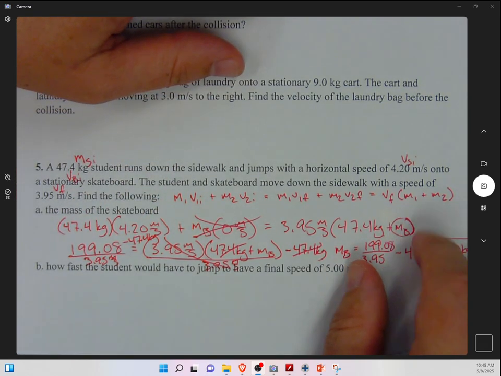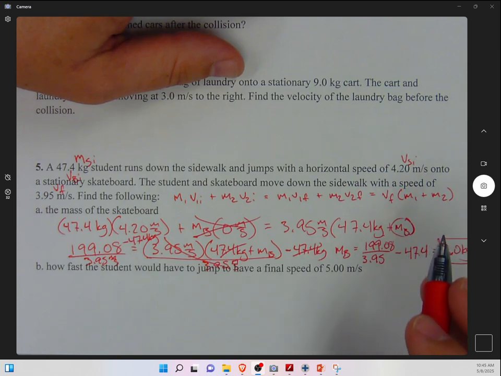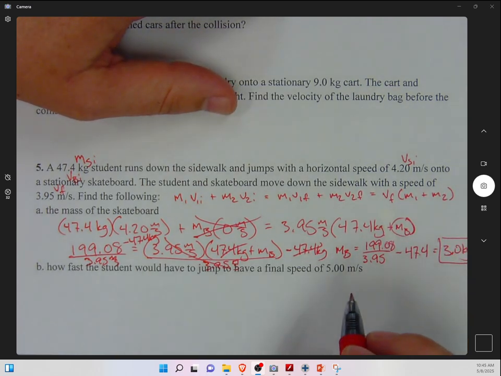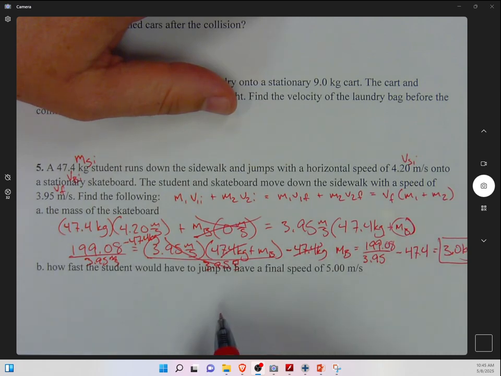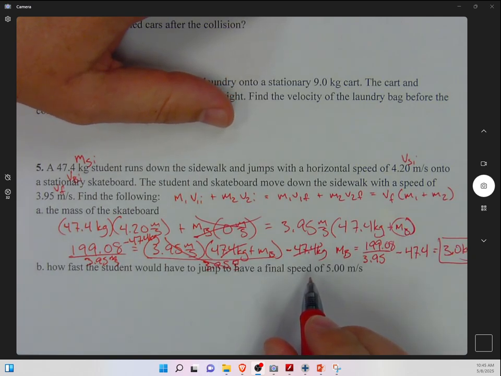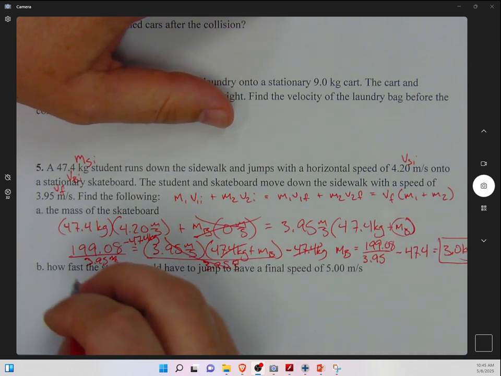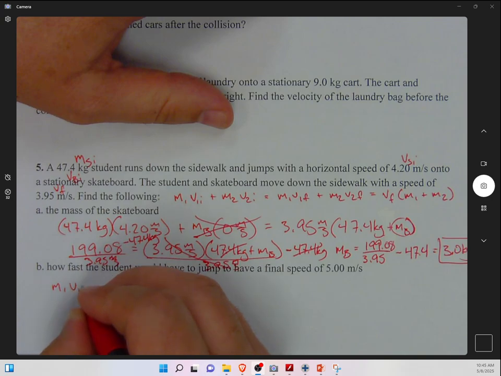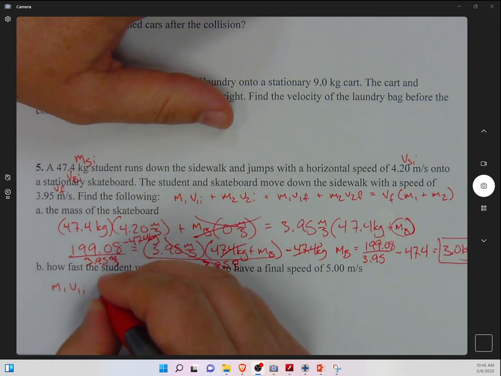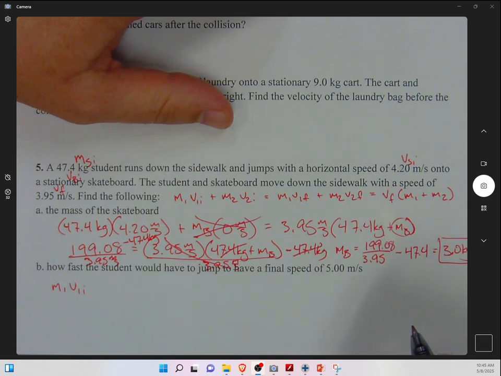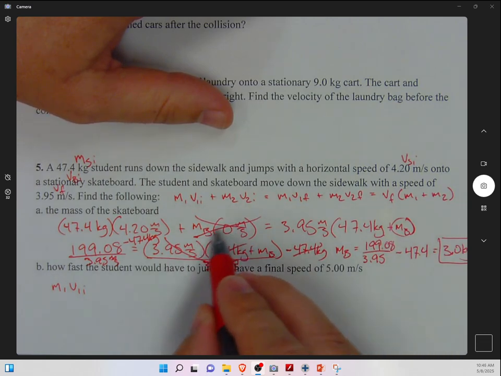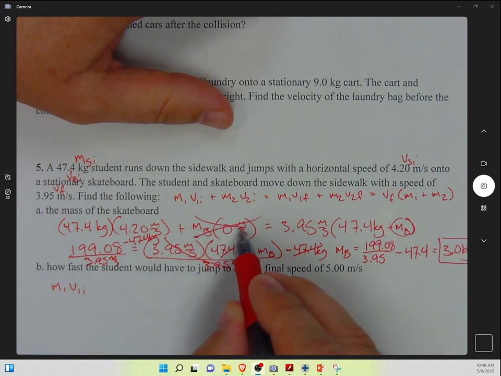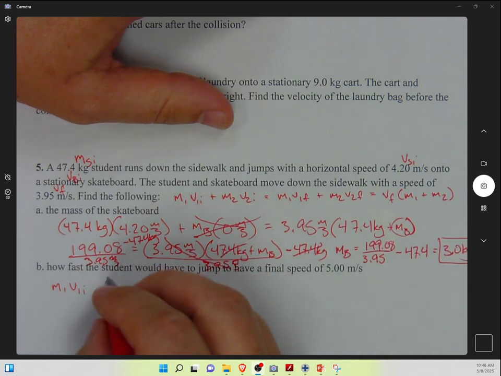But in this situation, we can plug in a final speed. We're going to have our M1 V1 initial. Again, I'm going to skip this part here because the M2 multiplied by 0 just makes that go away.